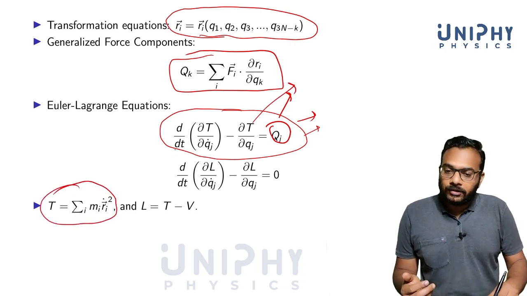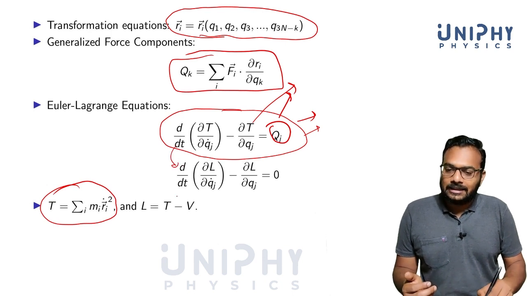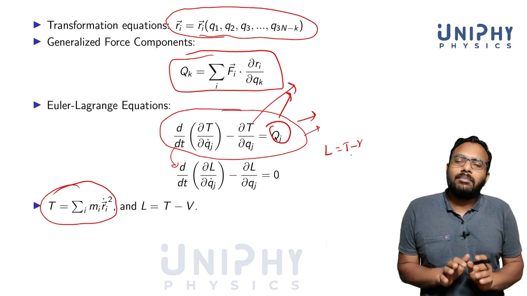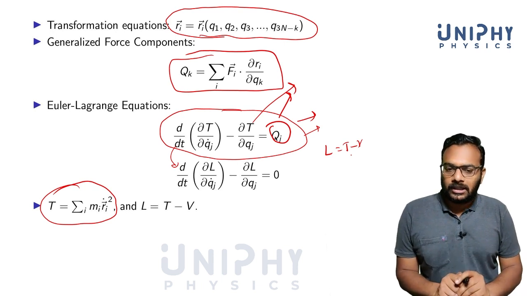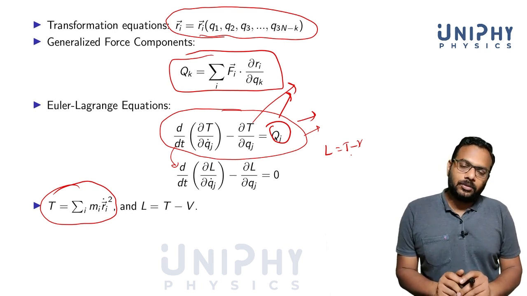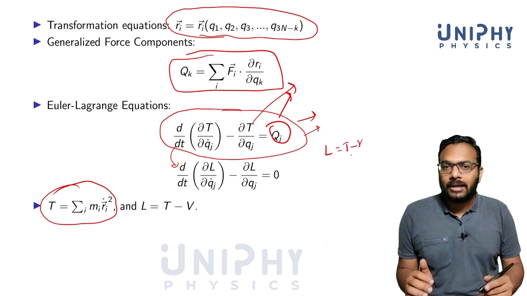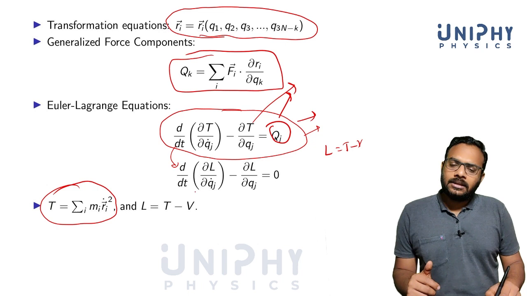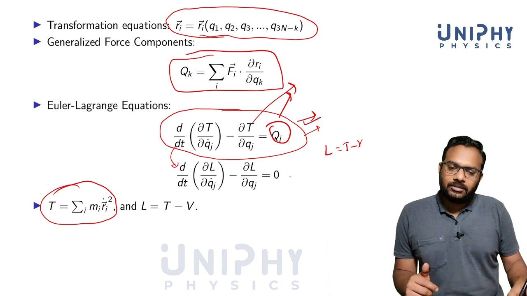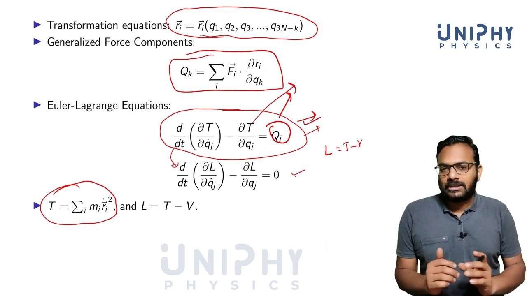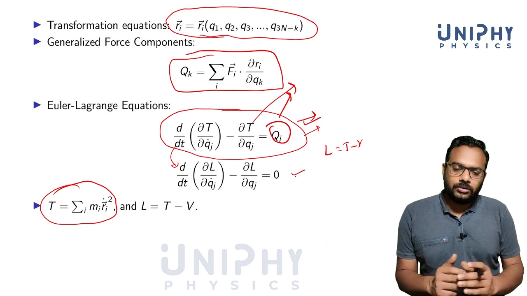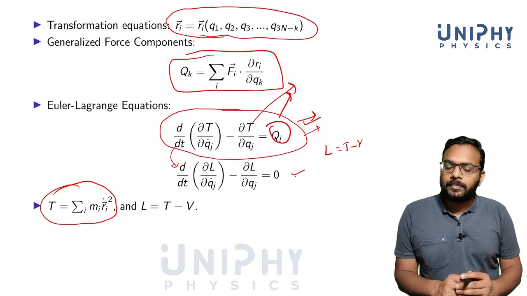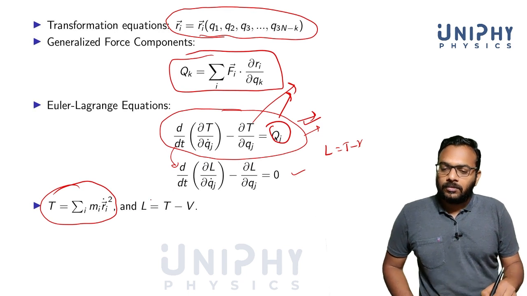Another way of writing it is in terms of the Lagrangian, where L equals T minus V. In most of the problems that we are going to deal with, the Lagrangian will have the form kinetic energy minus potential energy, V being the potential energy. So you can use either this equation or this equation, depending on the convenience of your problem.